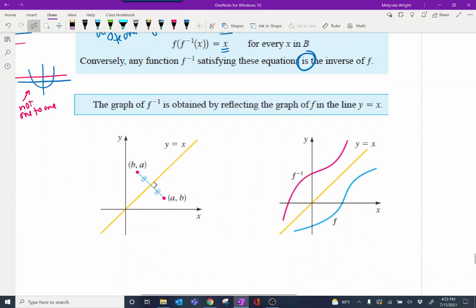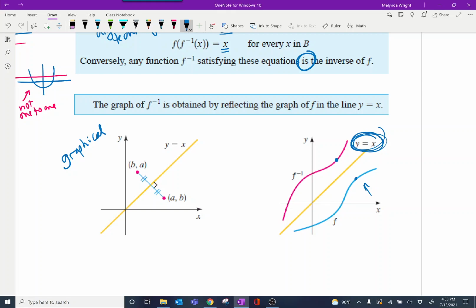That's the algebraic way to do it. The graphical way to determine if a function is an inverse of another function would be to look at the graphs and determine if they are reflected over the line y equals x. As we can see in this example, this function f has been reflected over the line y equals x perfectly.